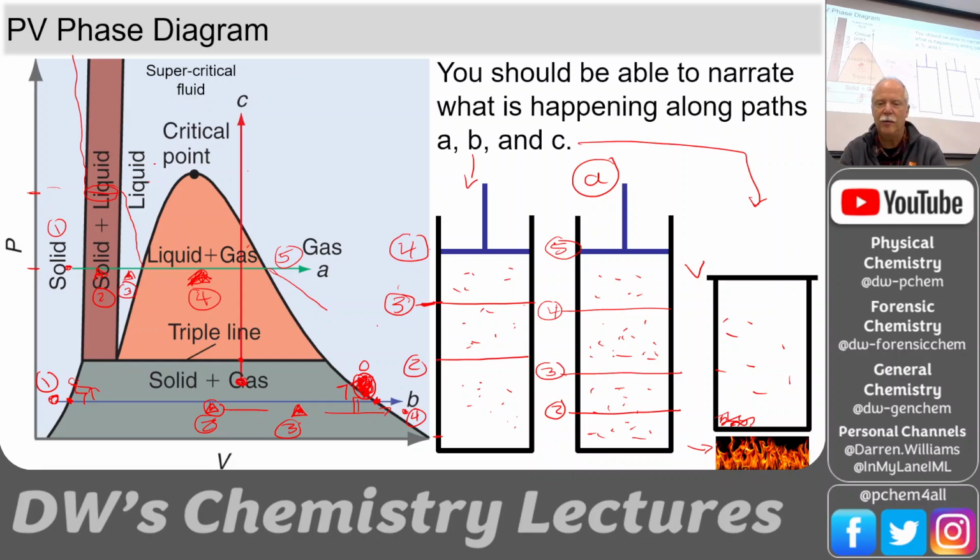So we've warmed it up, and some of that solid, let me make the solid really super solid, right? So that's our solid. We get to this point. So this is situation 1. Does everybody see situation 1? So down here, 1. We get to the triple line, 2, and we have 3 phases in equilibrium with each other, the triple point.